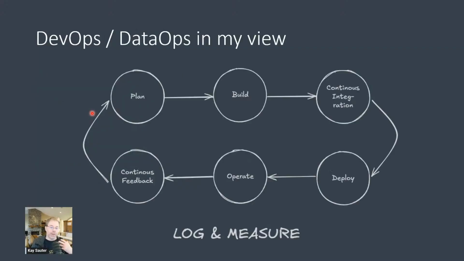In my view, what I see as DevOps is you have to plan your solution, you build it, and then you deploy it. In terms of software engineering, you prepare the deployment and continuous integration, then continuous testing, then deployment into production, then operate.